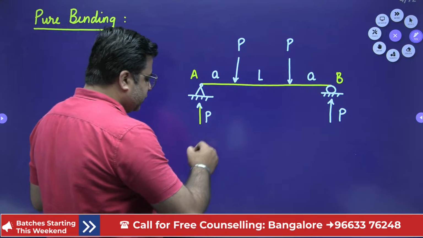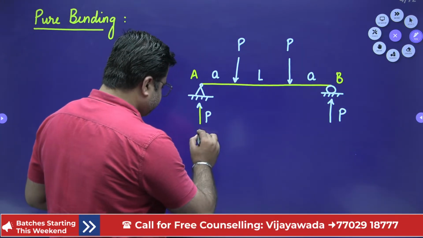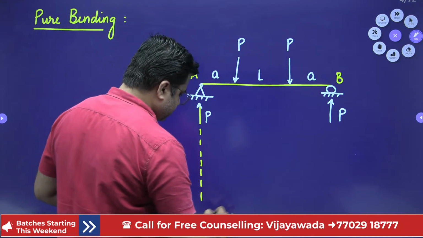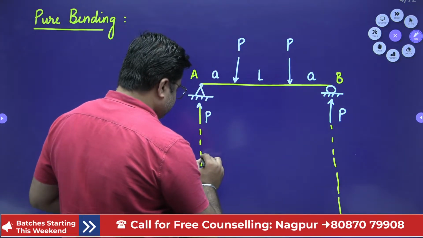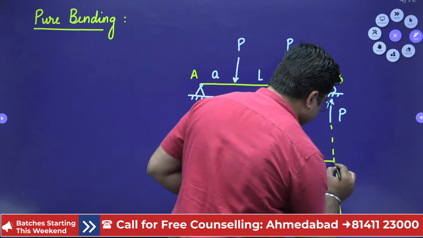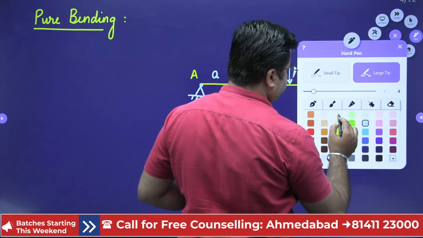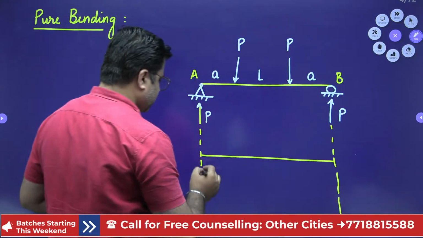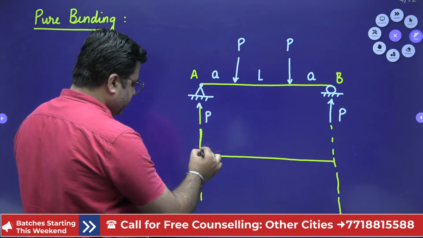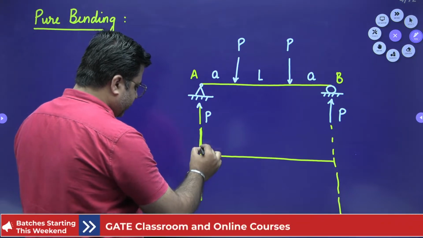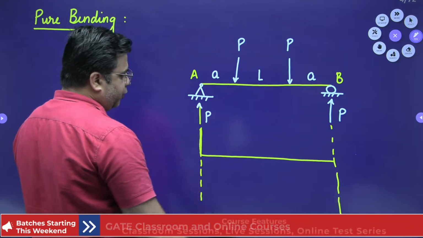If I draw the shear force diagram for this beam, it will be something like this. At point A, I have to move up by the amount of P, right?